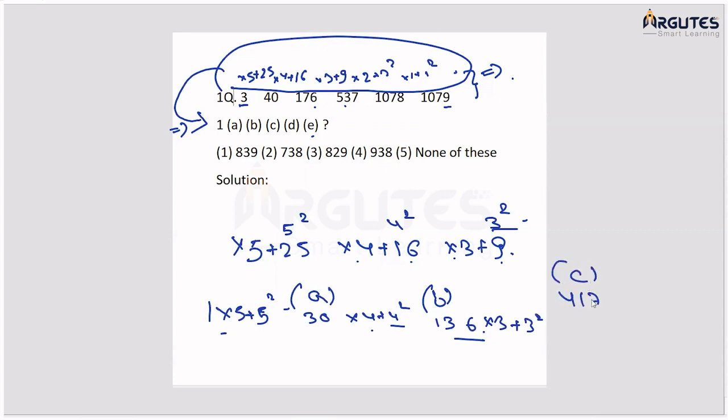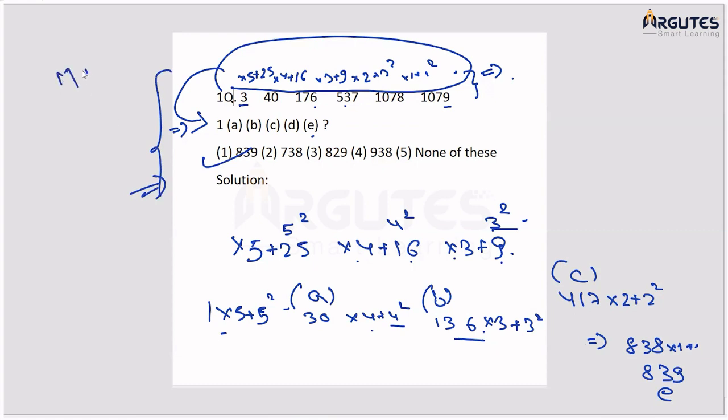So C will be 417. Then 417 into 2 plus 2 square, so this will be 838. And 838 into 1 plus 1 square, that will be 839. So this is E, 839 is E. So your answer will be 839, that is option 1. So nowadays you will find this type of pattern in mains examination.